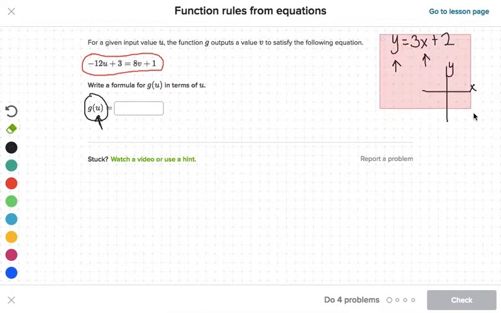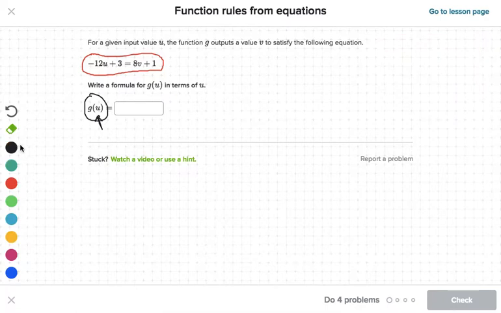Similarly, the idea that g of u is your output. So g of u is your output, and your output is represented by a second variable in a two variable equation. So your output g of u is actually the variable v.